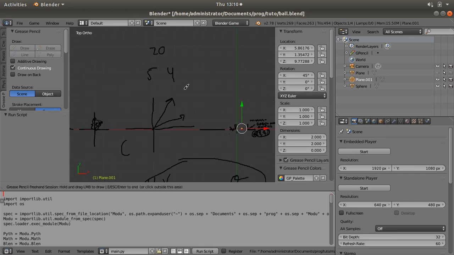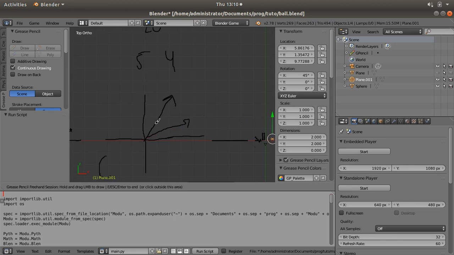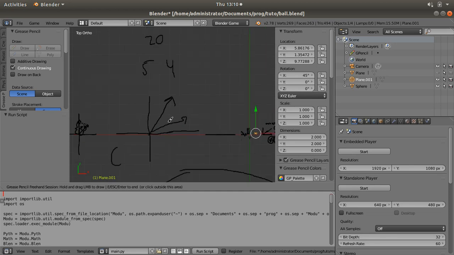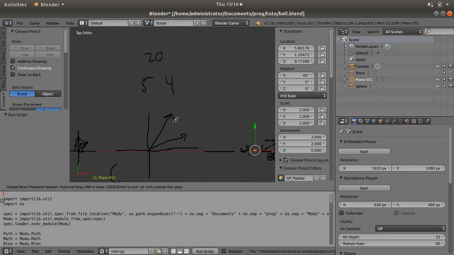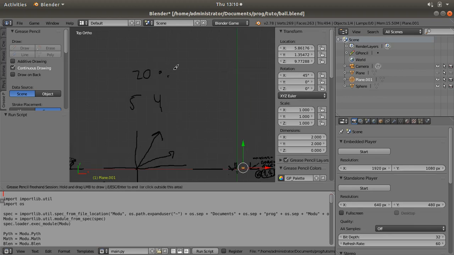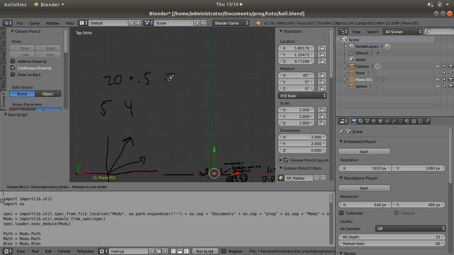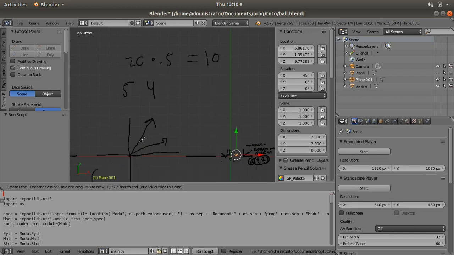Then you find the cosine of theta, and I have no idea, but let's just say it's 0.5. So you'd expect the dot product of these two vectors to come to 10.